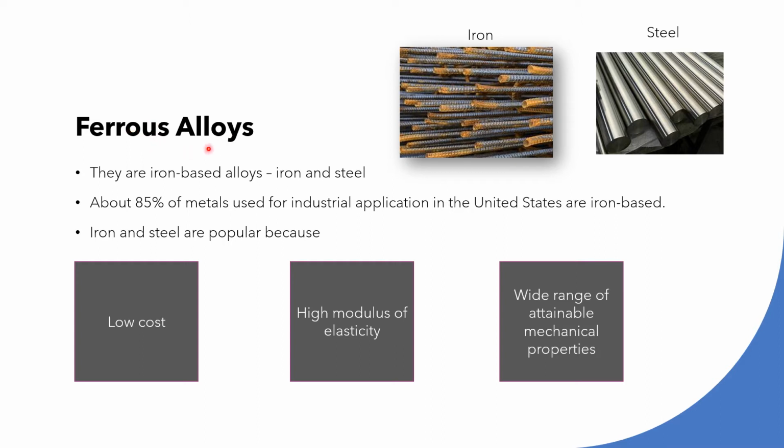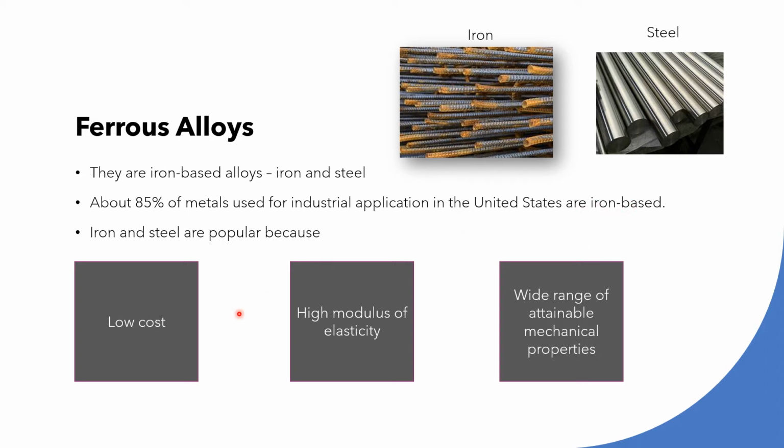Nobody used this name outside. We don't even say iron-based alloys. We only say iron alloys, or steel, okay? So 80% of metals used in the United States for industrial applications are completely iron-based.